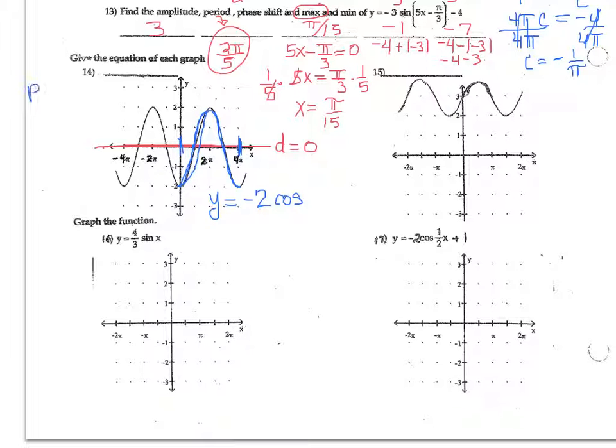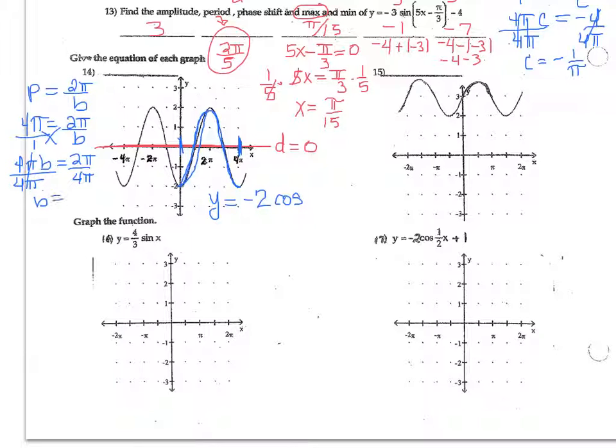So the formula for the period is period equals 2 pi over b. Since I know that to get one complete graph it takes 4 pi, you just cross multiply. So it's 4 pi b equals 2 pi, so b equals 2 pi divided by 4 pi.